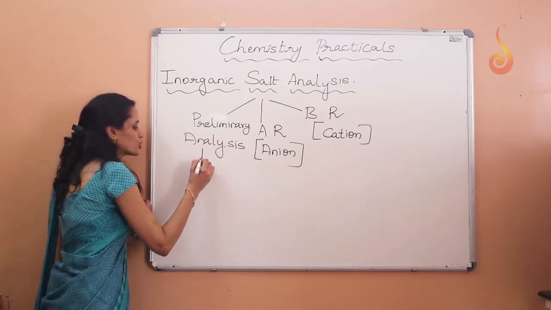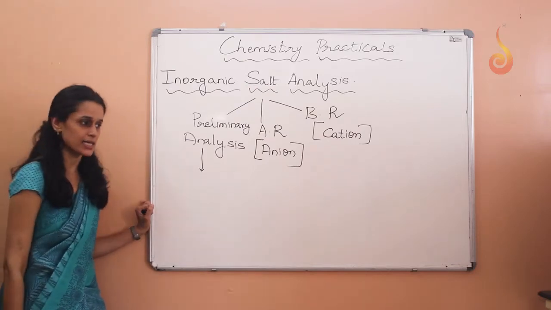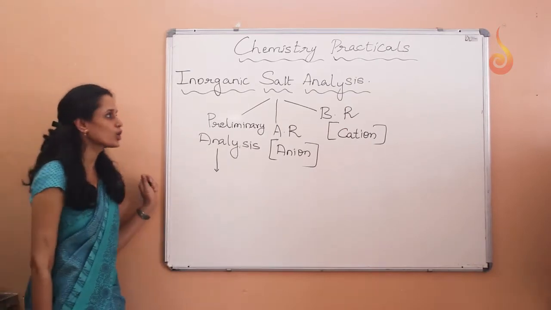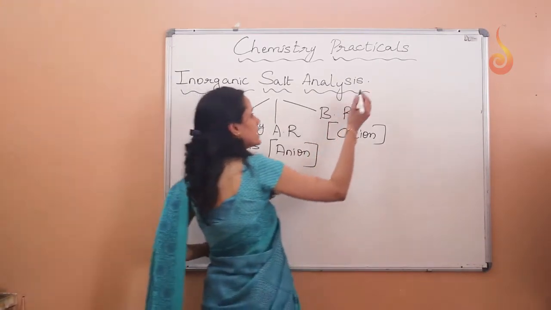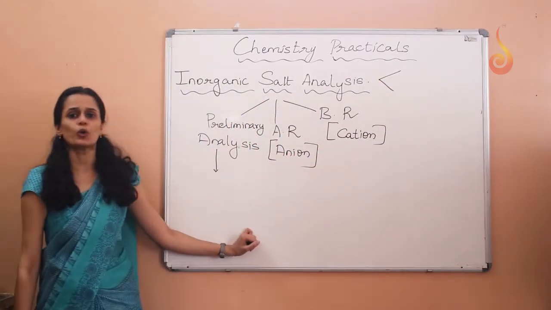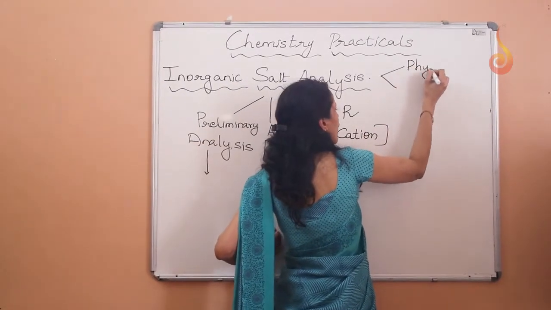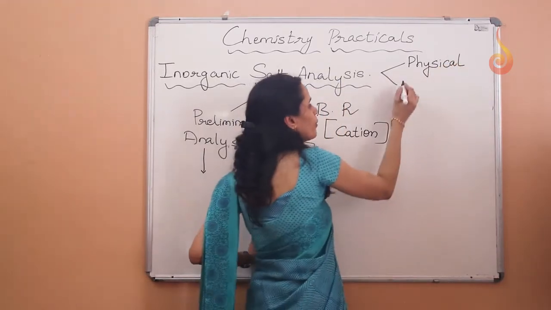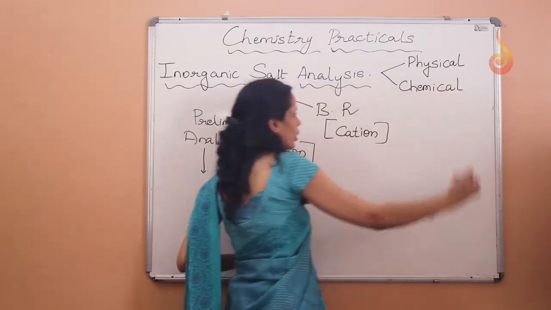First and foremost, why do we have to perform preliminary analysis? Now, before starting with the preliminary analysis, I want to give some important information regarding salt analysis. Salt analysis is always done by using two important properties. What are those? We can do the analysis by following its physical properties and by following its chemical properties.